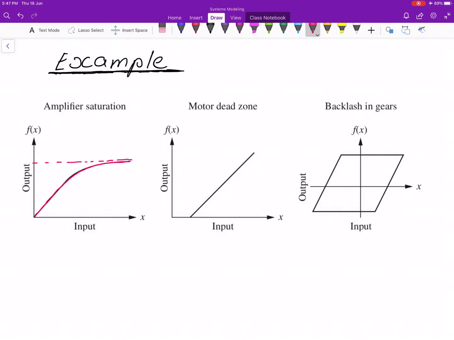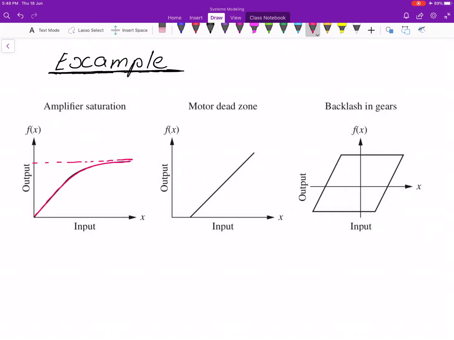It's like it's saturated. A classical example of this is found in amplifiers and also magnets. They have this type of nonlinear behavior.